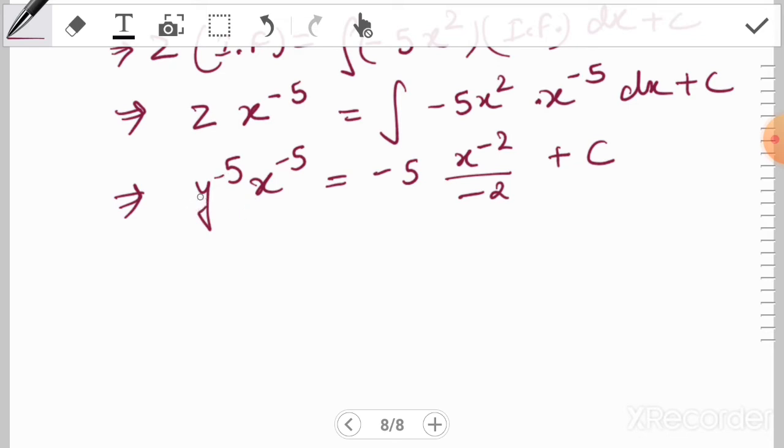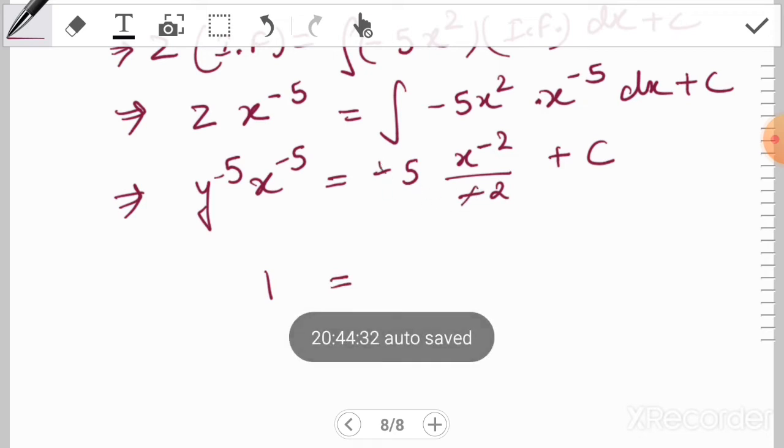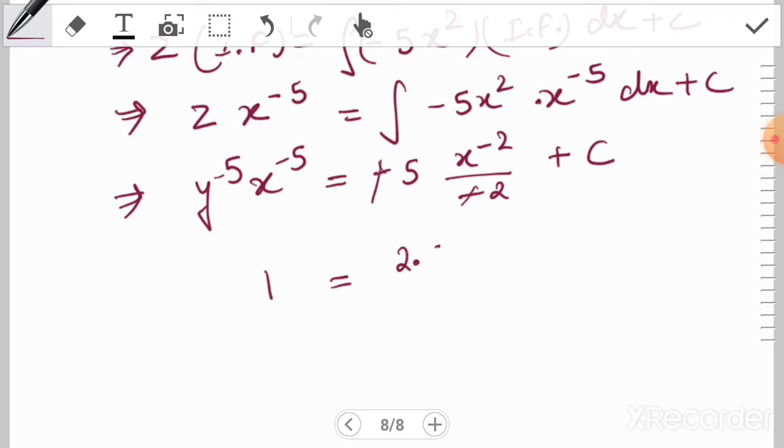By dividing it throughout by y raised to the power minus 5 into x raised to the power minus 5, this will be equal to 1, and so this is 2.5 into y raised to the power 5 and x raised to the power 5 plus c.